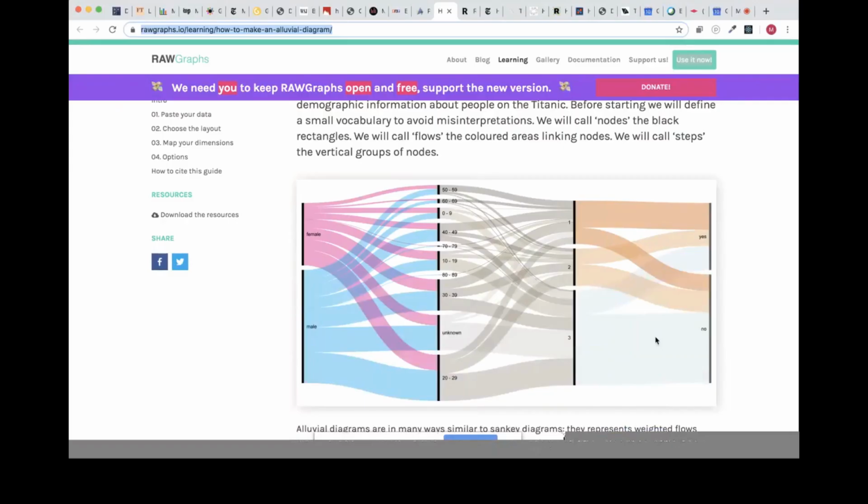So we were looking at this visualization showing the breakdown of the passengers of the Titanic into different categories. On the left, you have the breakdown by gender. So you see the share of female passengers and male passengers. Then in the next step, you have the breakdown by age group. You can see that a lot of young people were on board between 20 and 29.